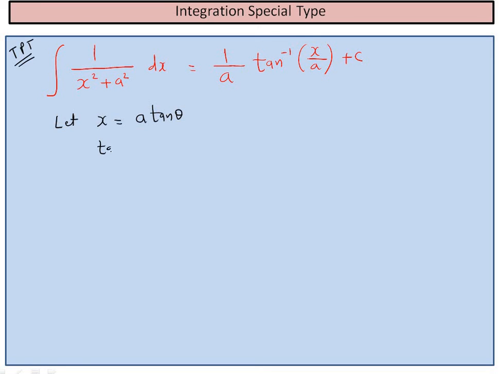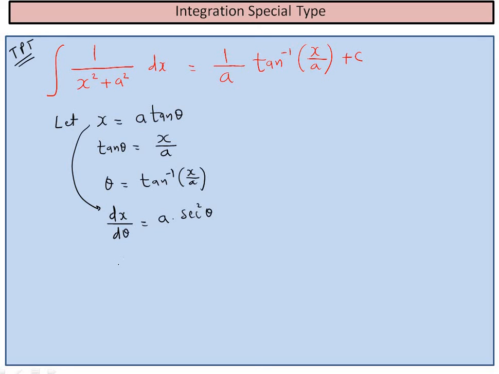This gives me tan theta is equal to x upon a. So theta is equal to tan inverse x upon a. And because x is equal to a tan theta, I get dx by d theta is equal to a sec square theta. समझ गए बच्चों?